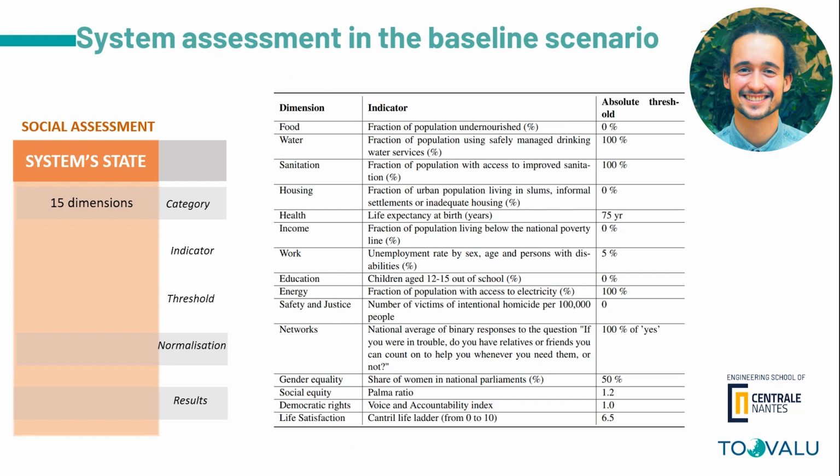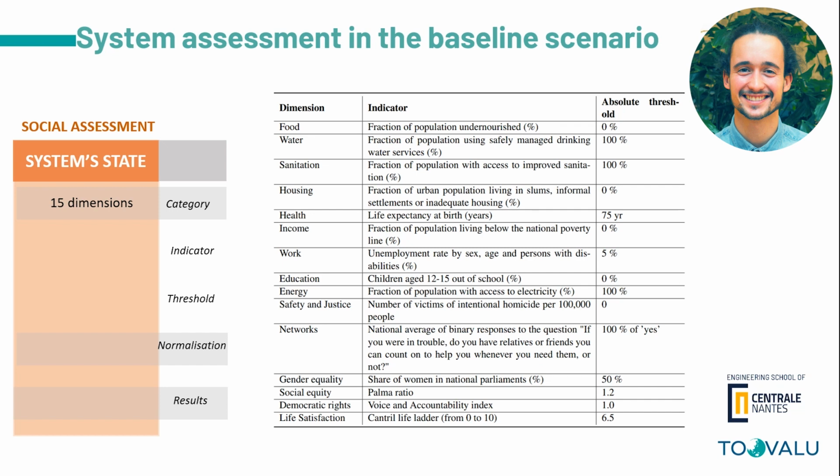So the first step in our methodology is to assess the social state of the baseline scenario of the system, which is, in our case, the Ugandan country. So absolute social sustainability assessment means that we assess whether there is some deprivation, social deprivation or not in the country. So to define this, we defined 15 social dimensions that are depicted in the first column of this table.